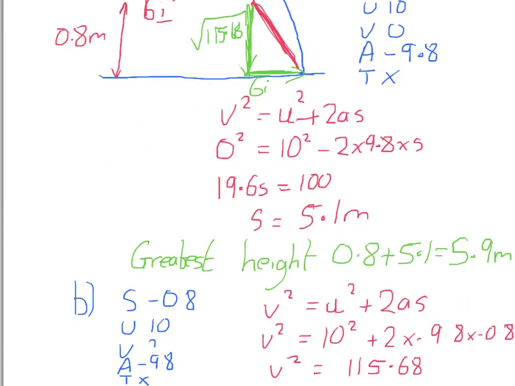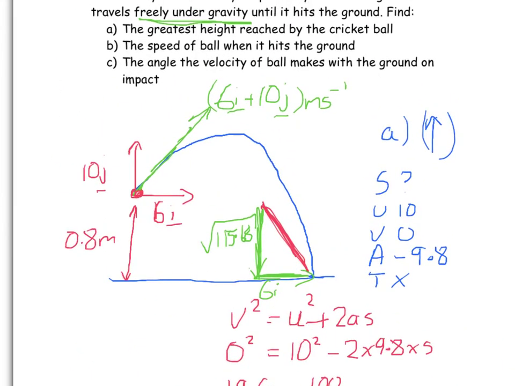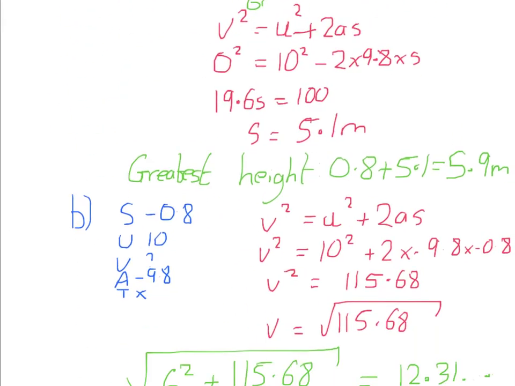The final thing we're asked to do is to find the angle the velocity of the ball makes with the ground on impact. So it's back to our triangle again. Now we know our j and our i component, we need to find the angle at which it hits the ground. We've got our opposite and our adjacent, so we're going to use tan.